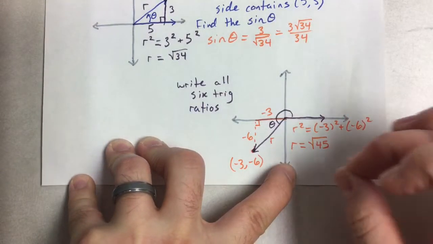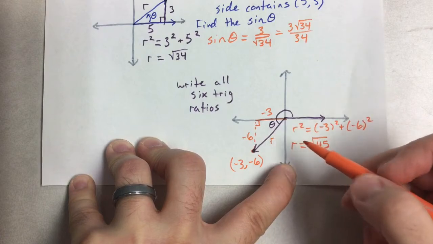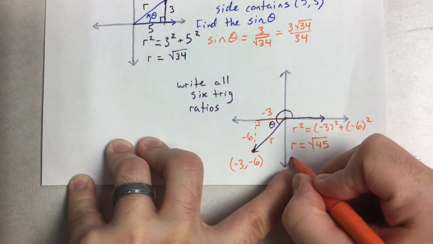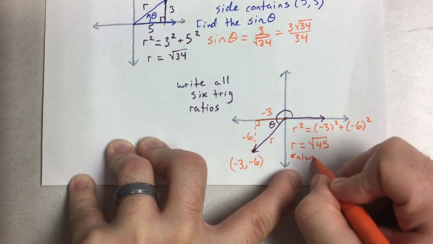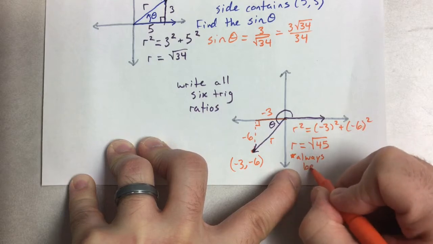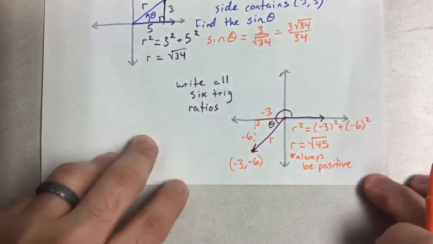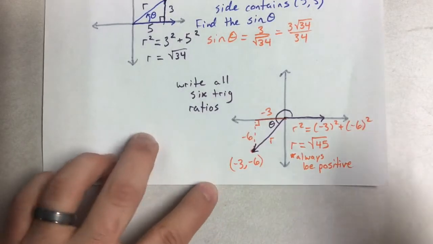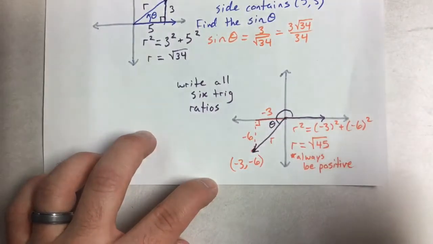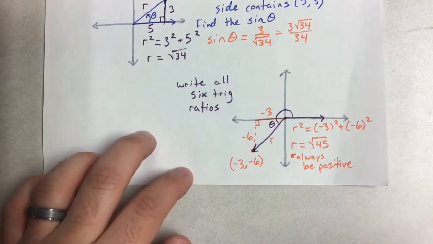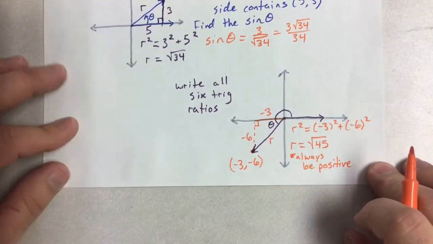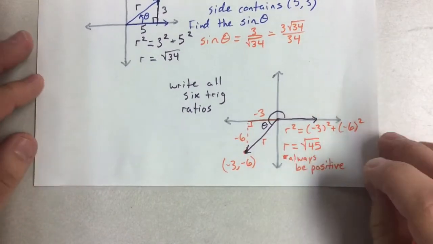Because of how we find the radius r, the radius will always be positive. So where our x and y might change depending on the quadrant it's located in, the radius will always be positive. That's actually very important to know. So we have our radius, the square root of 45.